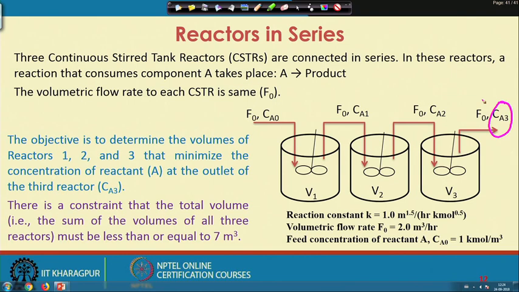So, V1 plus V2 plus V3 must be less than or equal to 7 meter cube. So, the optimization problem is to find the volumes V1, V2, V3 such that Ca3 is minimized, and at the same time V1 plus V2 plus V3 less than or equal to 7 meter cube is satisfied.